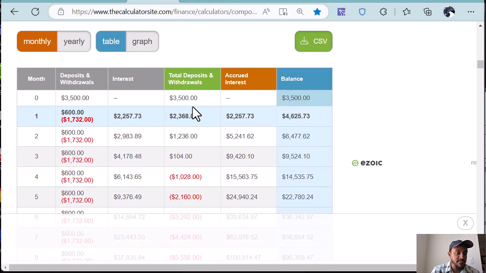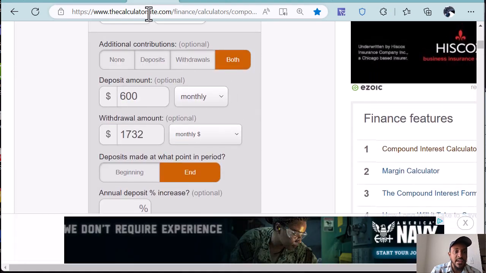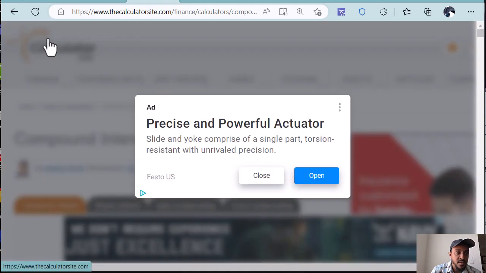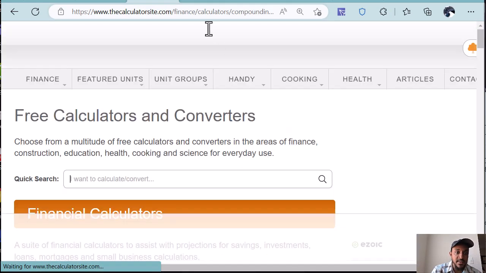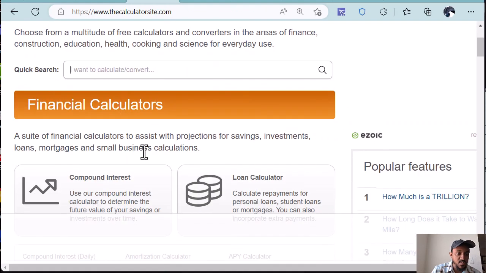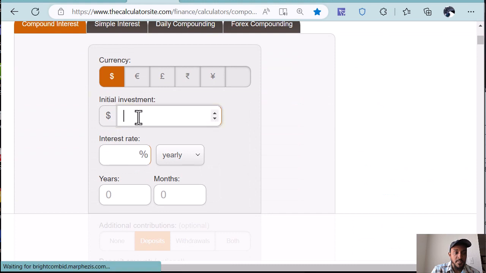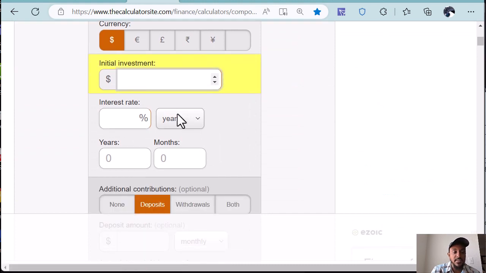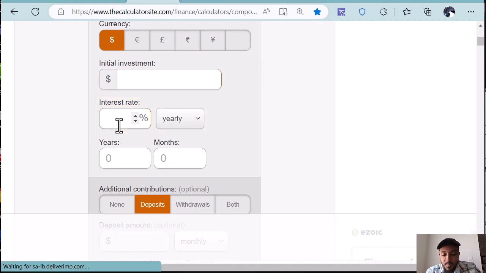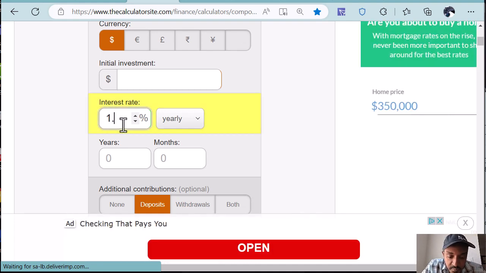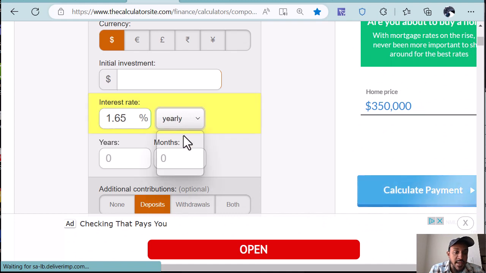I'm trying to see if I left anything off. You can go to these calculator sites. Once again, you go to the calculator site. It'll bring this web page up, and you'll just click compound interest. Remember, if you're going to do it daily, you need to do at least 3,500 investment. 1.65 is the return, and that is daily.